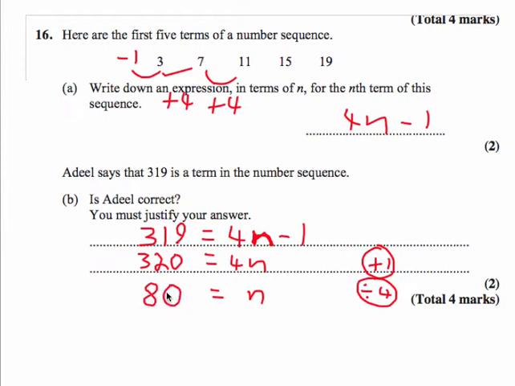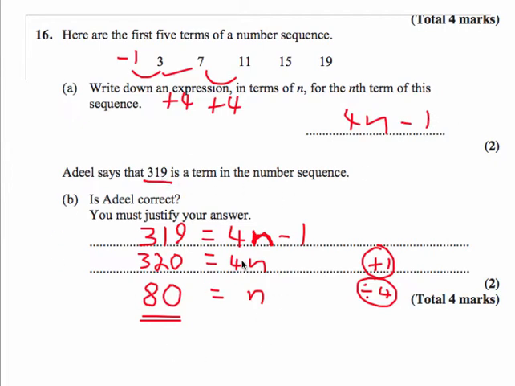So that gives me a whole number here, an integer. Now, because n equals 80, I would know that 319 is my 80th term, because 4 times 80 is 320, minus 1 is 319.